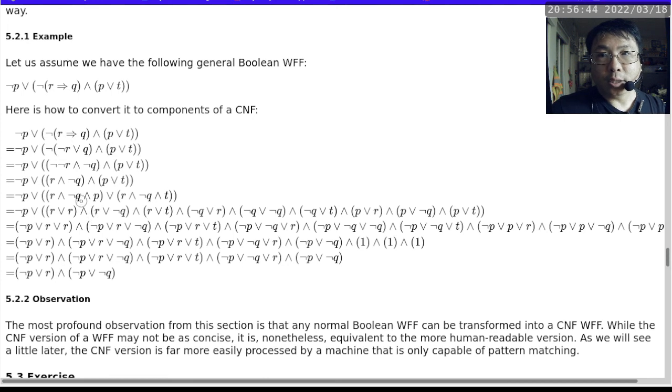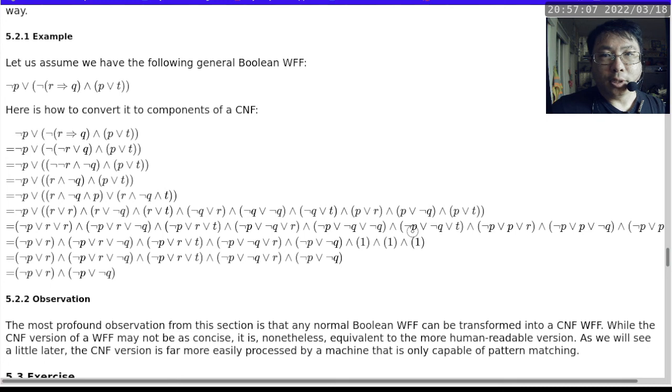Then we take the next term, which is not Q, and do the same thing. So now we have not Q or R, not Q or not Q, not Q or T. Those would be the next three terms. And then we take the P term and do the same thing. It's really boring, what we're doing here.